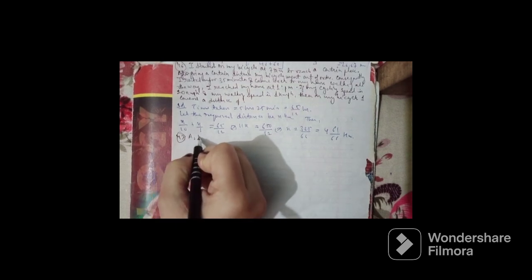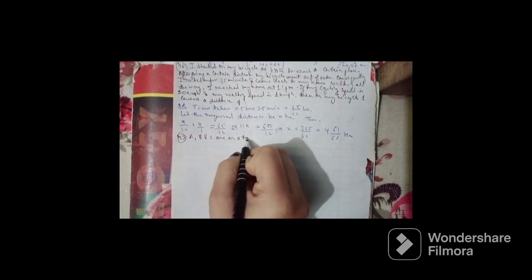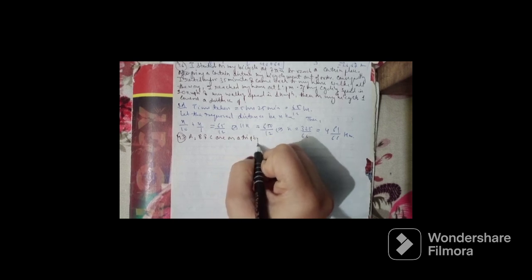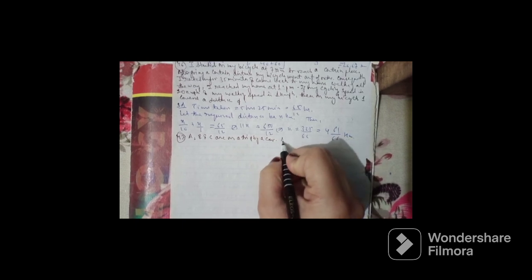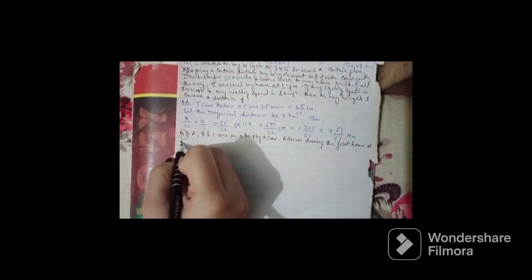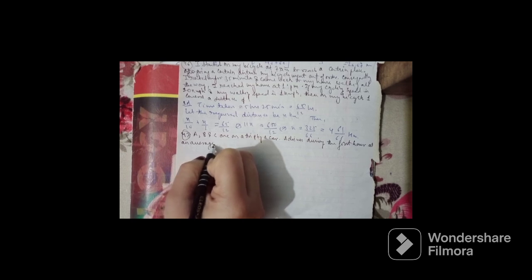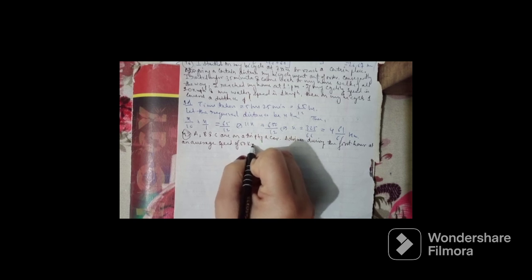So we go for the same. A, B and C are on a trip by a car. A drives during the first hour at an average speed of 50 km per hour.